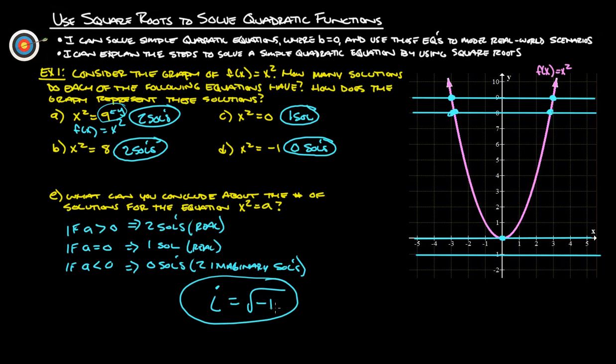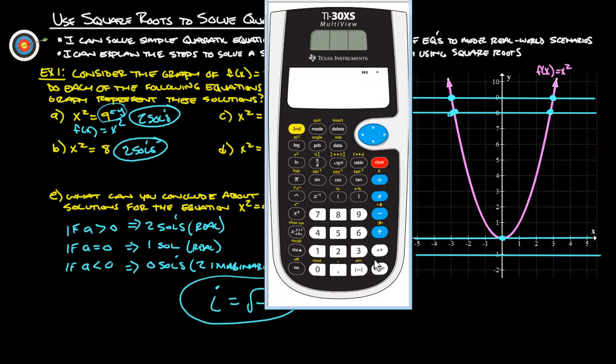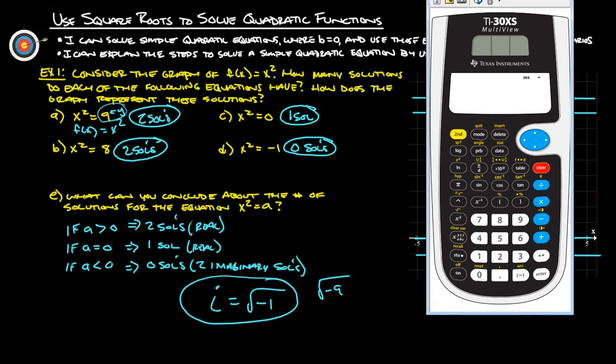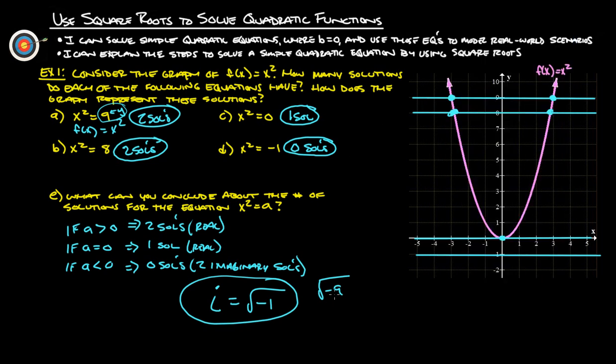So if you have the square root of a negative, say square root of negative 9, and you put it into your calculator, just to prove a point, it's going to give us an error, because you cannot take the square root of a negative number.